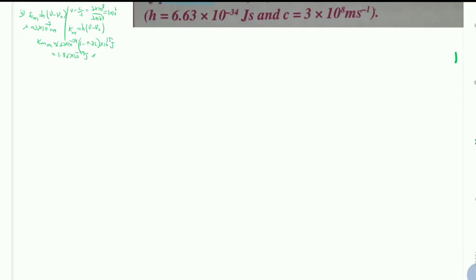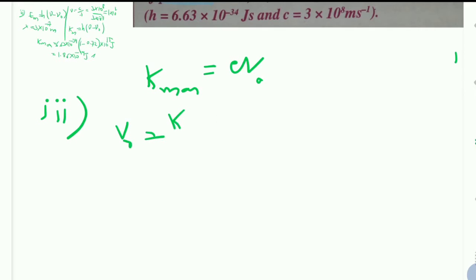Third one, stopping potential. K max is equal to e into V naught, where V naught is the stopping potential in volts and e is the charge of the electron. So V naught is equal to K maximum by e.